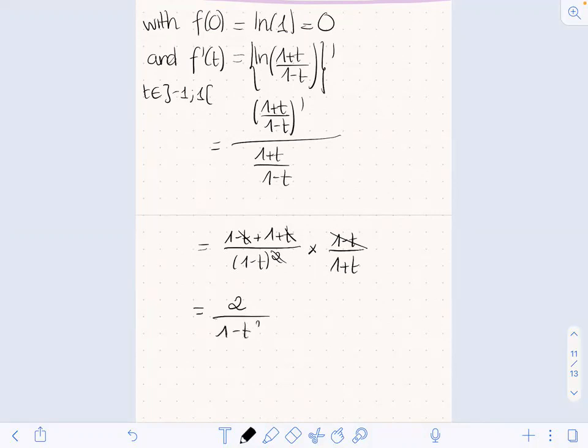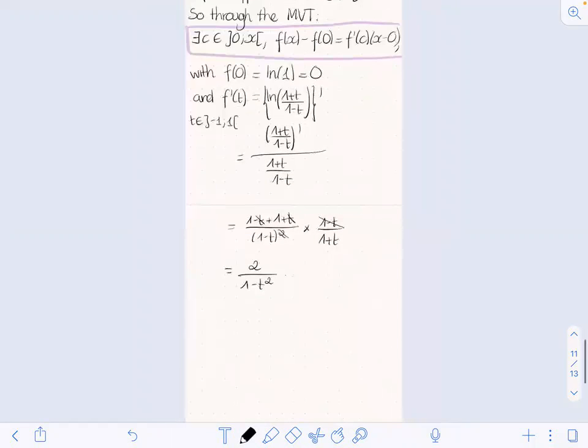Yeah, there. So if we now use that for f prime of c and the expression that's above, what do we get for f prime of c?